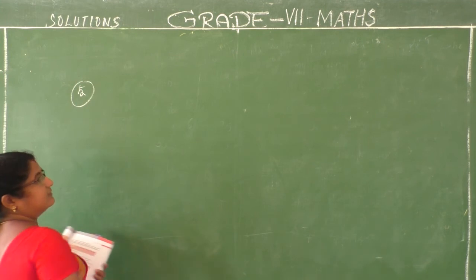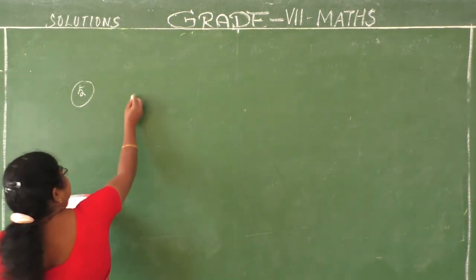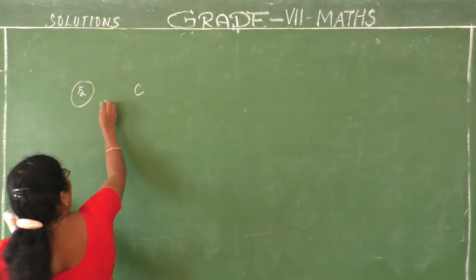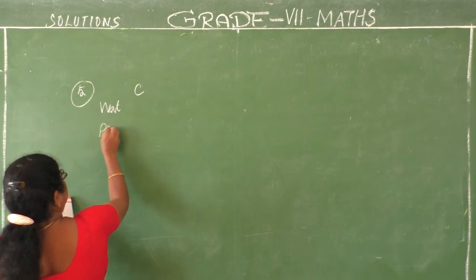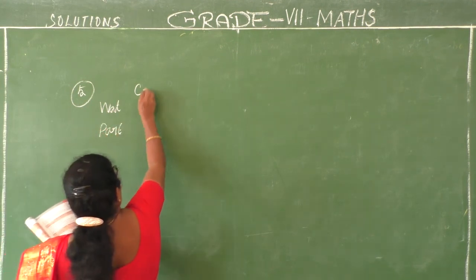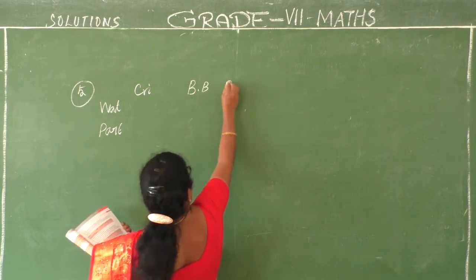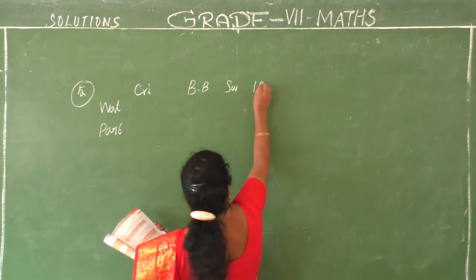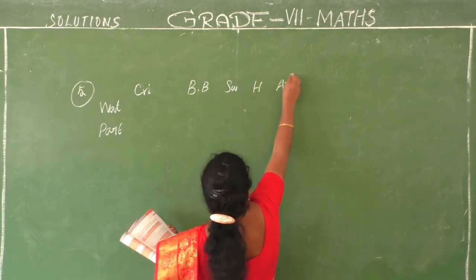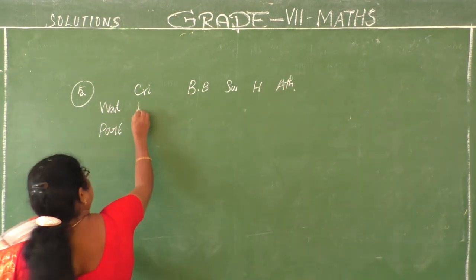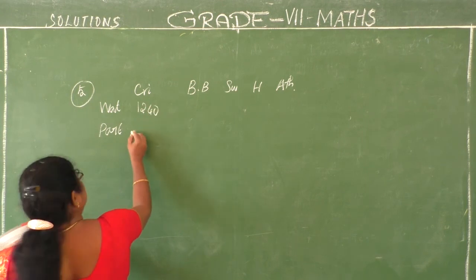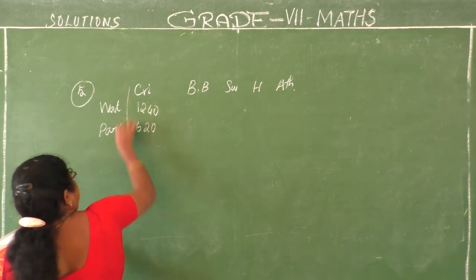In the 5th question, it was given in cricket. This is watching, participating. Cricket, basketball, swimming, hockey, athlete. Cricket: watching 1240, participating 620.